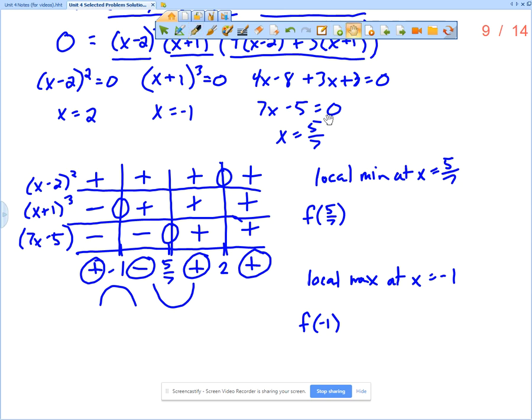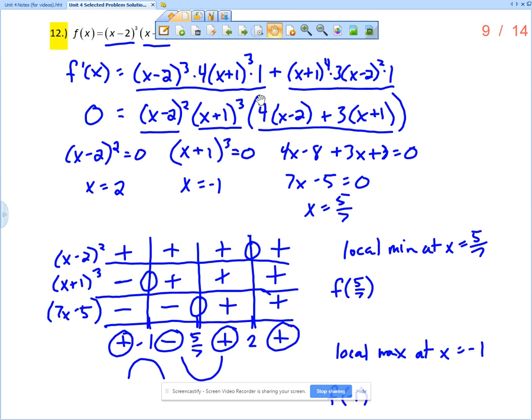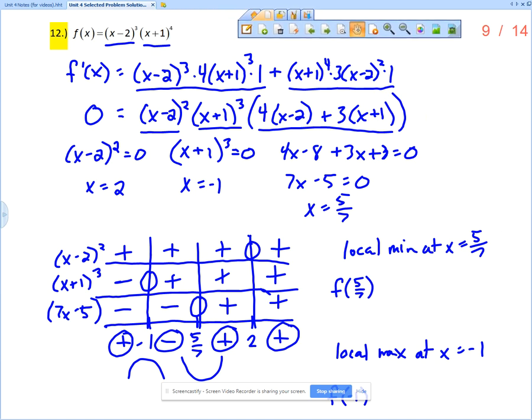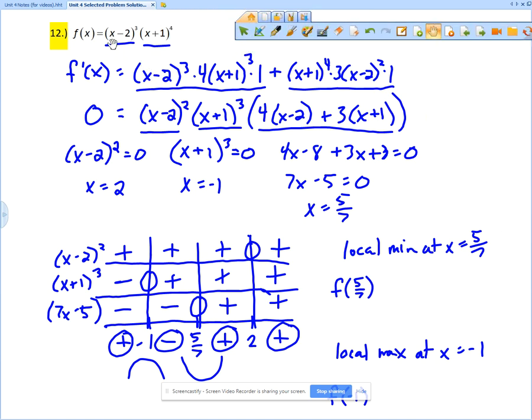That means I need to look at what my function is. My function is (x minus 2) cubed times (x plus 1) to the fourth. So for 5/7: (5/7 minus 2) cubed times (5/7 plus 1) to the fourth.